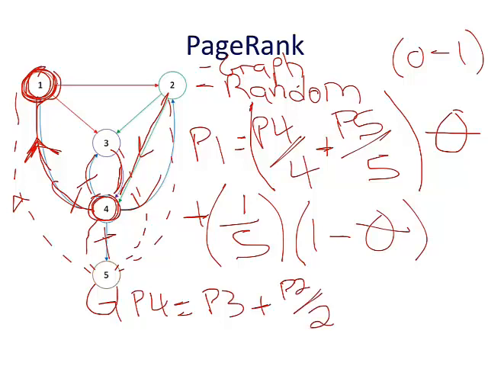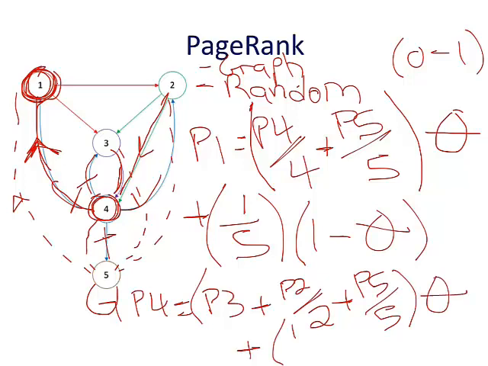Let's not forget about P5 over 5, all times theta, plus 1/5 times 1 minus theta. And we can similarly write those equations for the remainder of the nodes in the network.